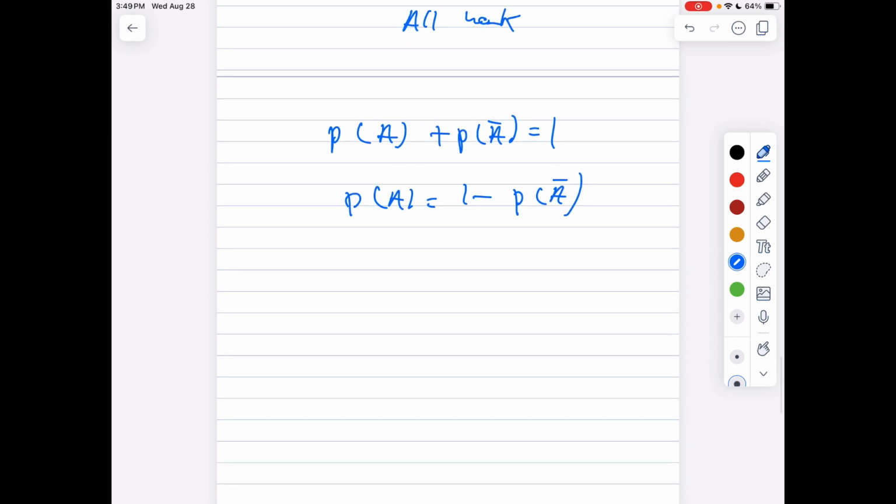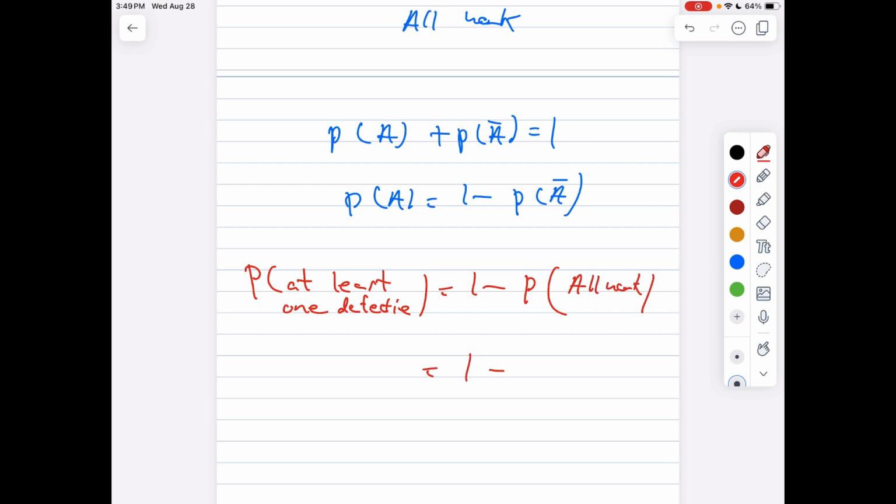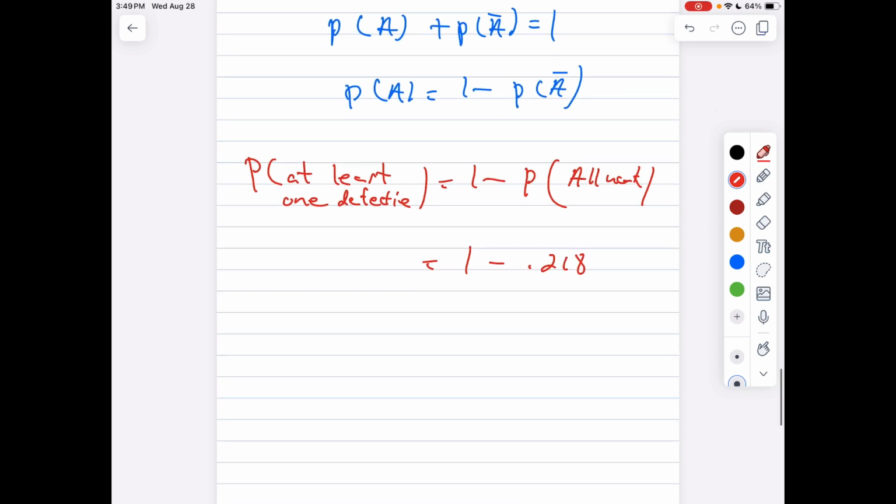And how does that work to our advantage here? Well, the probability of at least one defective is equal to 1 minus the probability of no defective or all work. Well, we already figured that out from part A. It's 1 minus 0.218 here.